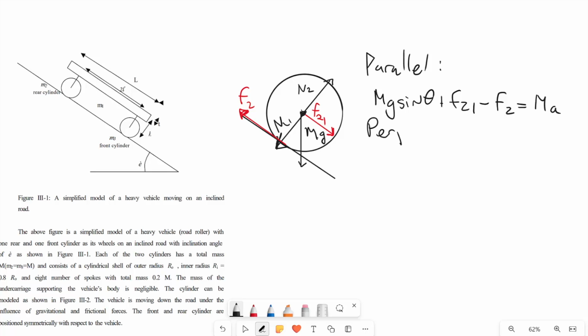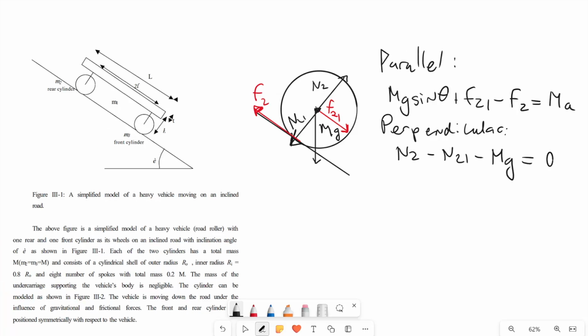Now in the direction perpendicular to the slope, we're going to have N2, and then take away N21, the other force from the frame, that is, and then mg is also pointing downwards. Now there's no movement in the perpendicular direction, so all of these forces are going to have to sum up to 0.